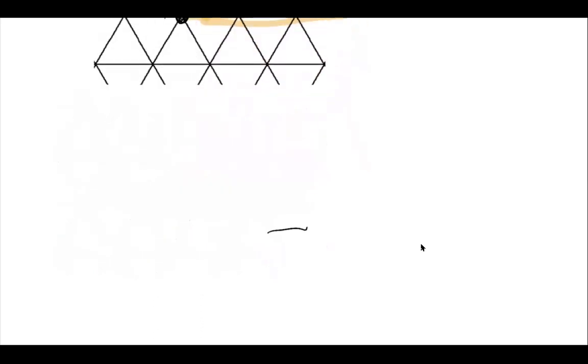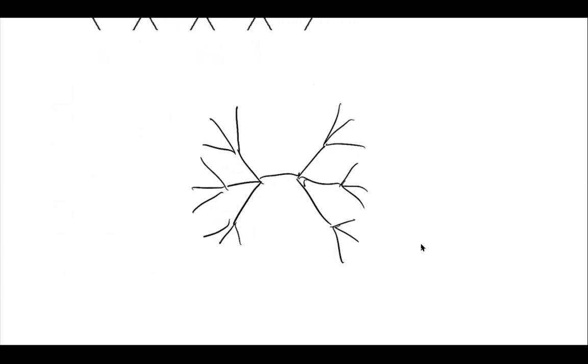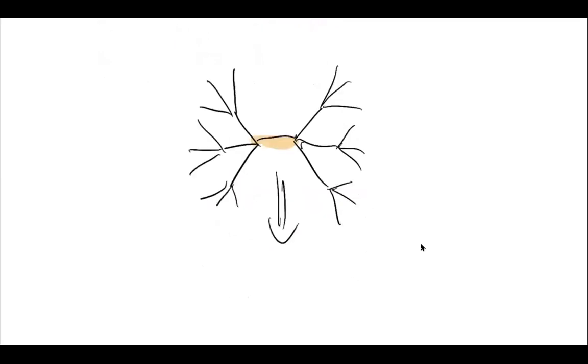So say you have the 4 regular tree. You can look at it in this way. And then if you look at the stabilizer of this edge, the quotient space of this, the stabilizer of this edge will be just this edge, and then another edge, and then another edge, and another edge to this part, and another edge to this part.